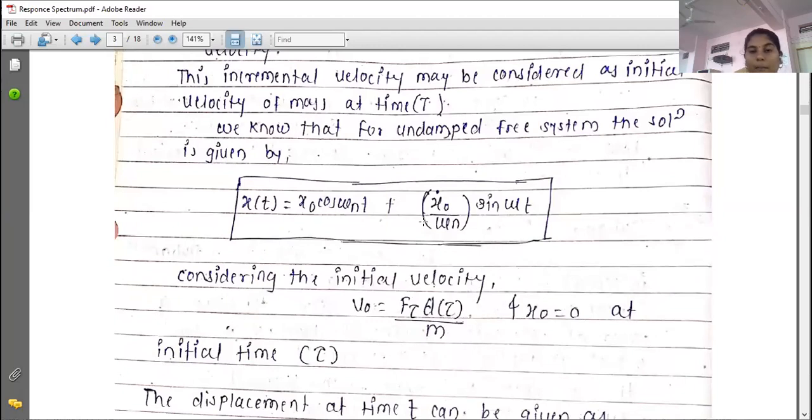We know that for an undamped free system, the solution is given by x(t) is equal to x naught cos ωn t plus v naught upon ωn into sin ωn t.